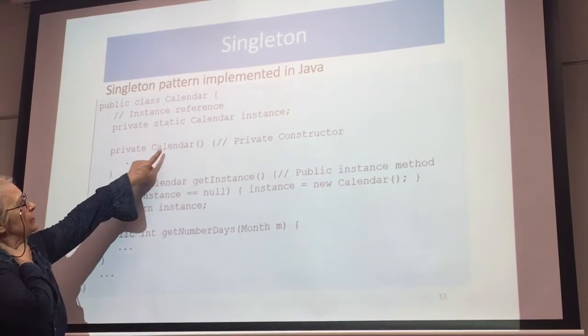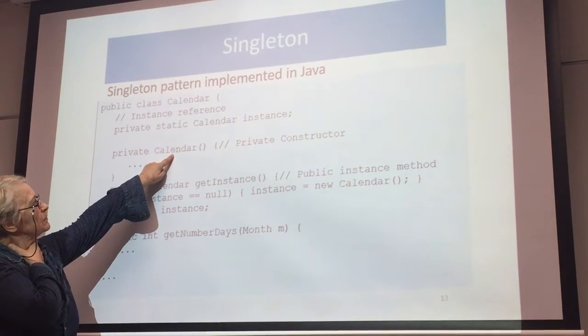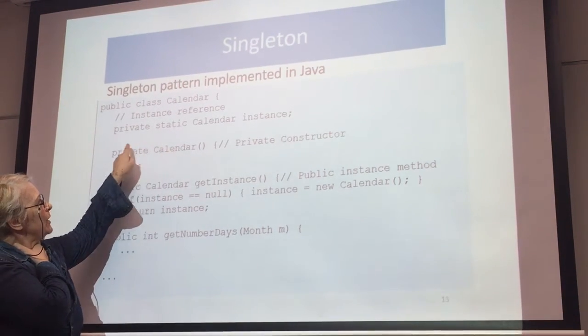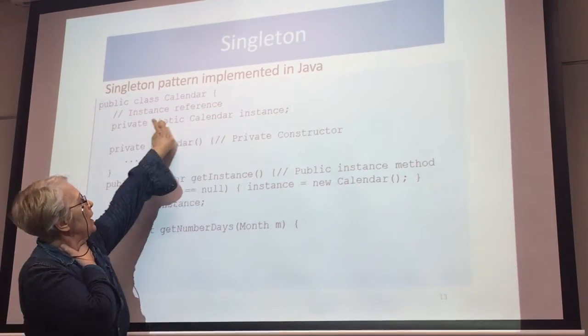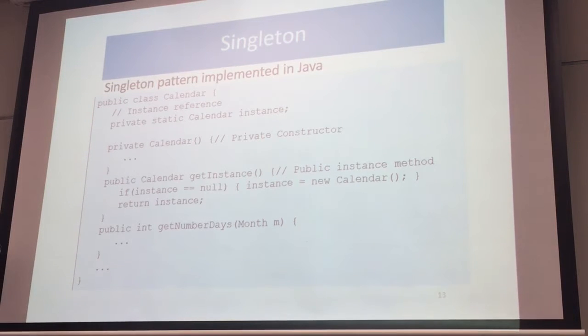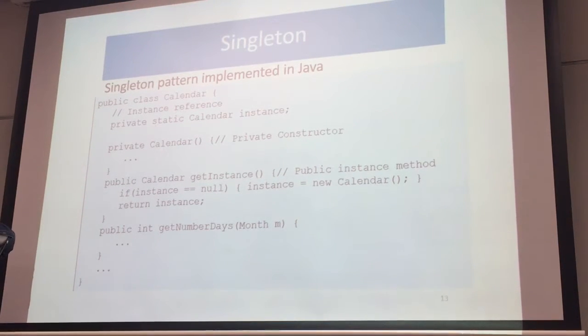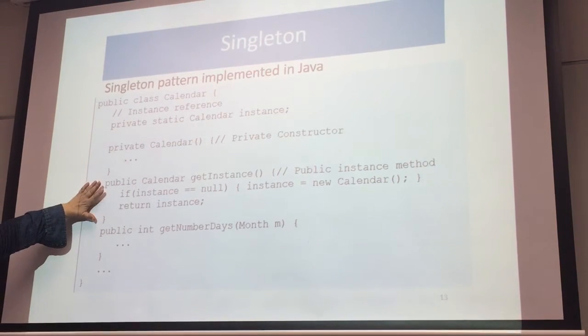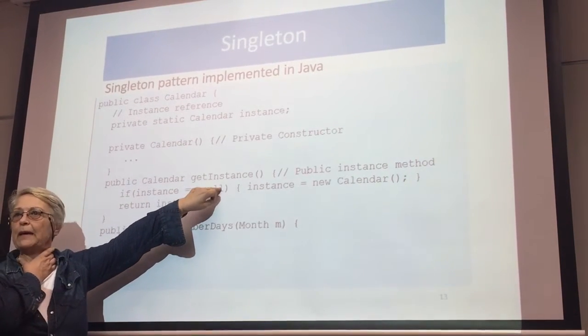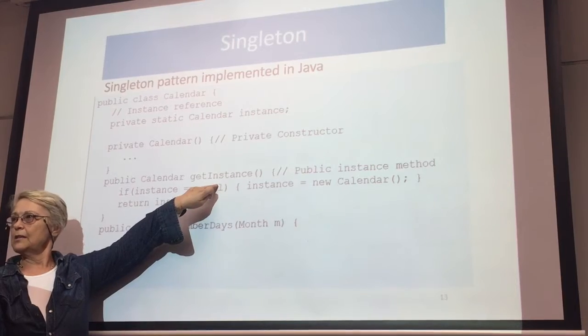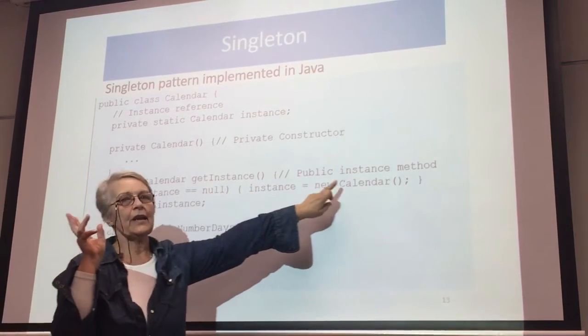The constructor for the class is private, right? We have here a private static method. And as you can see in getInstance, if we are at the beginning and no object was created, we create one.